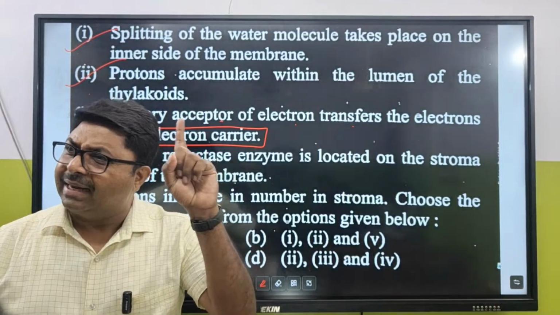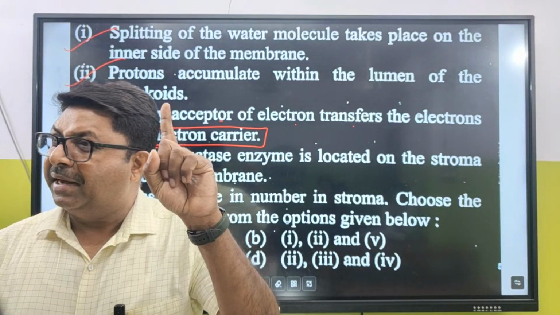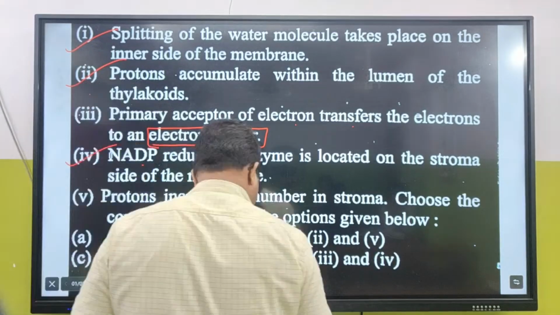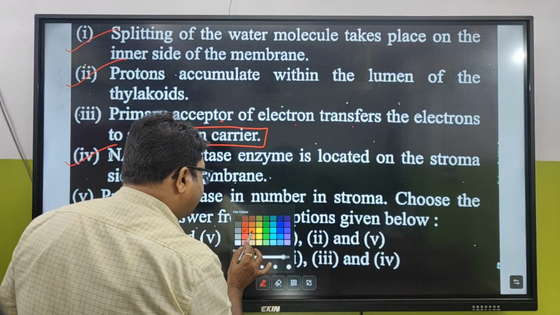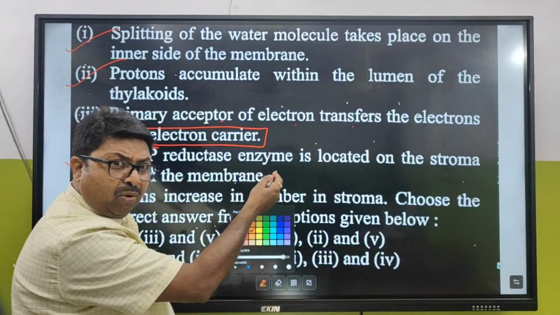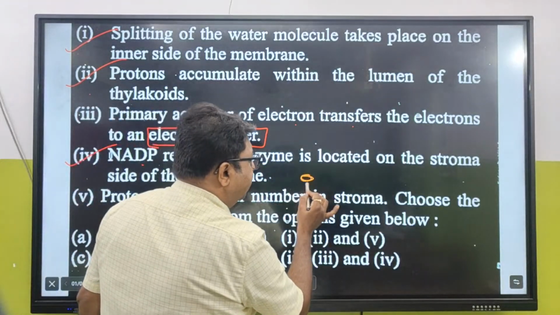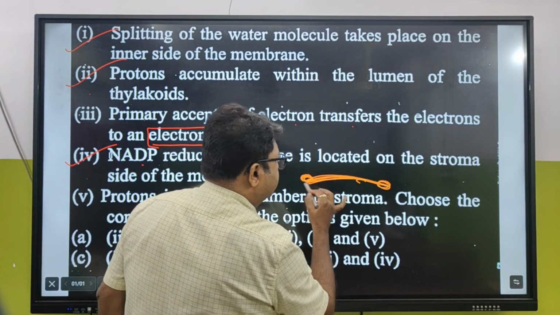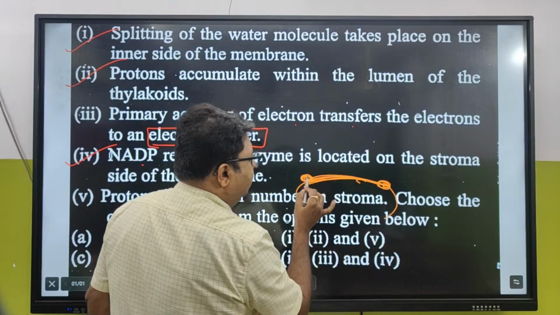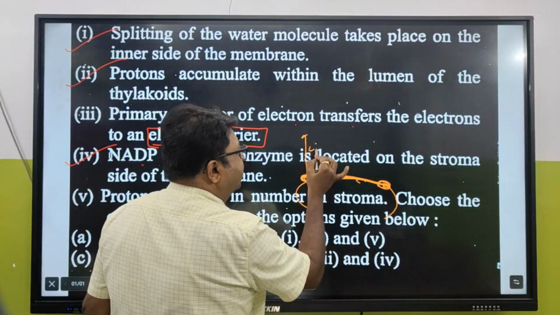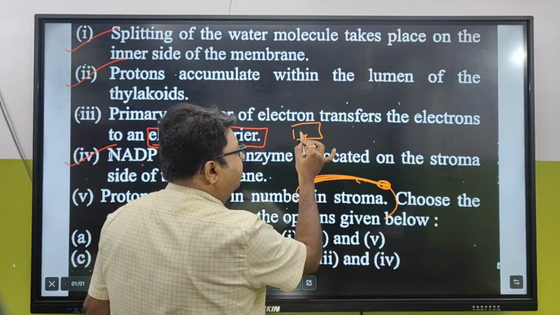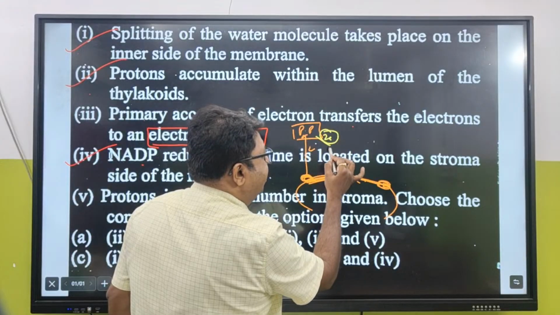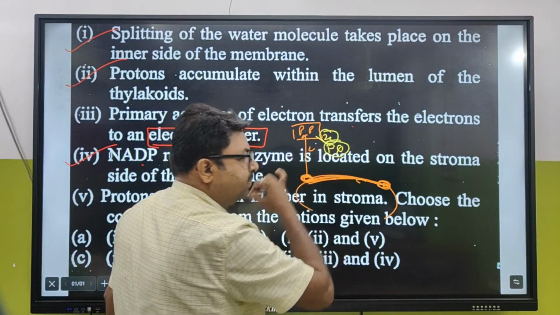Last day I pointed that out. Remember, we talked about it, it's important. See, this is why they asked this question. This was the granum thylakoid. This is PS2, this is PS1. This electron is accepted by pheophytin, and then by plastoquinone, PQ.